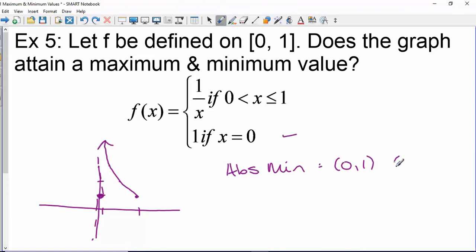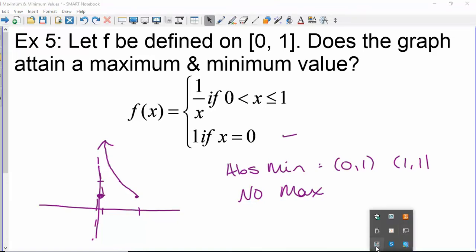No, it has an absolute minimum, 2 of them actually, at 0, 1 and 1, 1, but no maximum. So again, for this to work, it has to be continuous and closed interval. And I just showed you an example of each why, if those two requirements aren't met, we cannot do this.